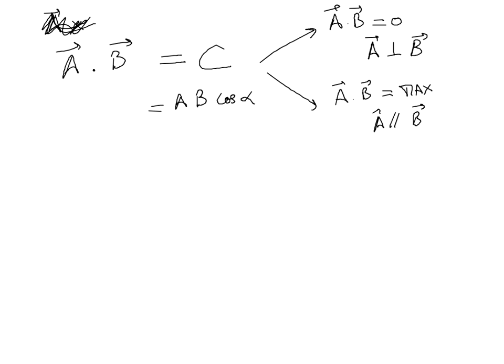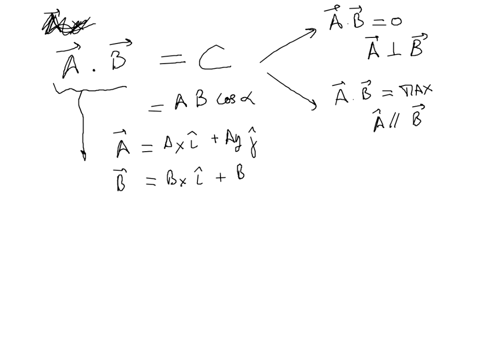But I'm going to move away from this definition because that's something we will never ever use. Instead, I want to be able to take the dot product between two vectors if each of them are already expressed in component notation, because we know how to do this. Because the disadvantage of AB cosine alpha is that we need to know the magnitude of A, we need to know the magnitude of B, and we need to know the angle alpha, which is between A and B. And that's usually not the angle that we know.